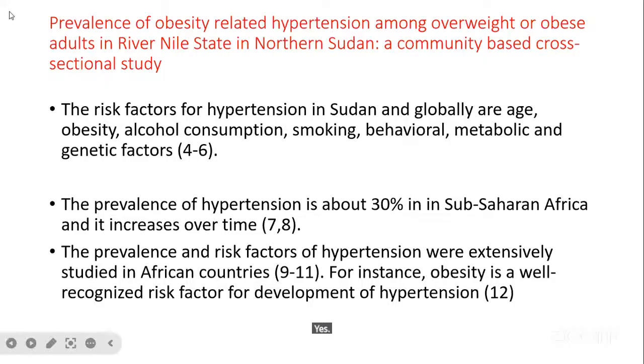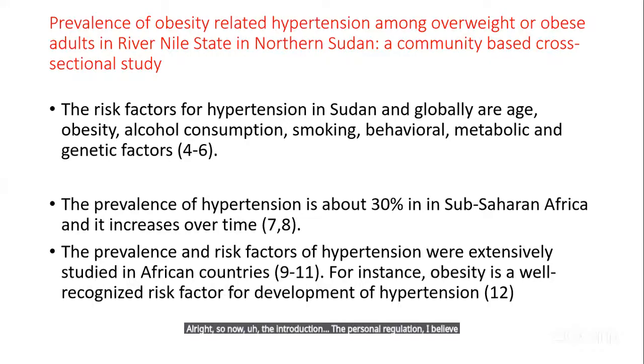All right, so now the introduction. The person wrote the introduction like this, which I want us to learn from. The risk factors for hypertension in Sudan and globally are age, obesity, alcohol consumption, smoking, and behavioral, metabolic, and genetic factors.